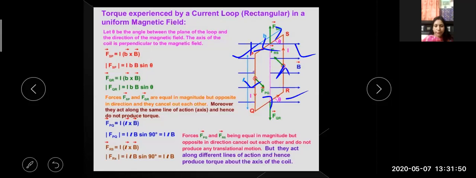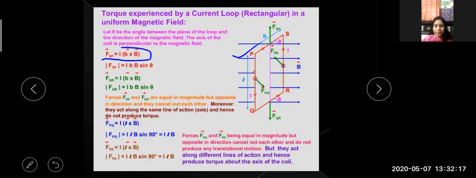So let FPQ, FQR, FRS, and FSP be the forces acting on the four current carrying arms PQ, QR, RS, and SP of the coil.